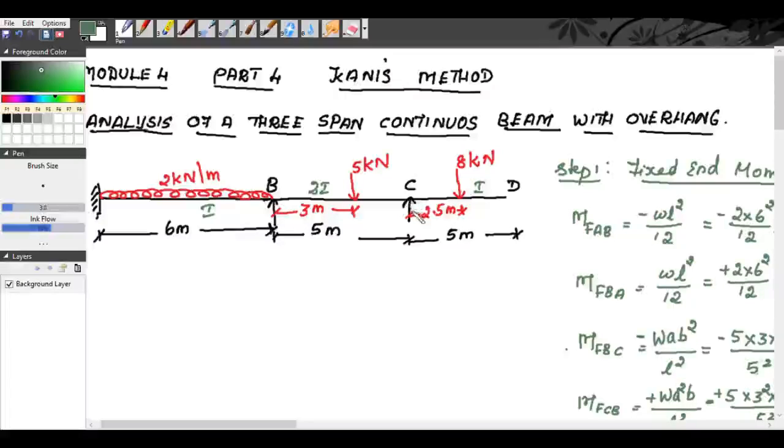So this support C also will be considered as fixed support. When you are considering joint C, B is an intermediate support, so that will be considered as a fixed support. So when we are finding the relative stiffness, we know if the far end is fixed, the relative stiffness is I by L. And if the far end is hinged, the relative stiffness is equal to 3 by 4 I by L. So here everywhere it is I by L.